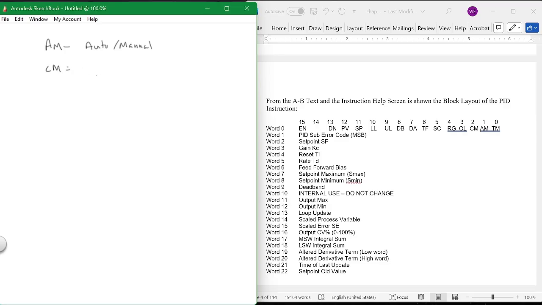CM is the what? It's either SP minus PV is equal to error, or it's PV minus SP is equal to error. Which is it? It isn't always obvious. So if your output takes off on you and goes to full on or to full off, what are you going to do?